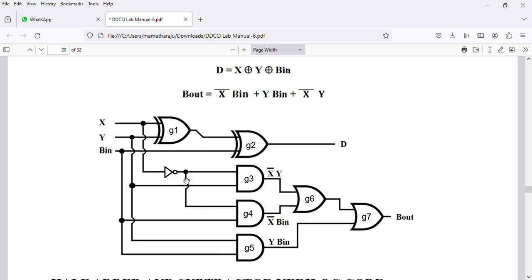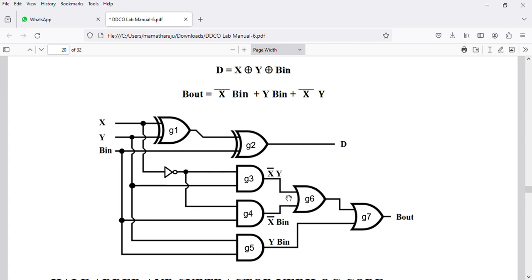Here we have taken one more NOT gate to compute x bar, and we calculate x bar by this. From here we take the inputs. We take x bar to gate 3's first input and y to the second input for gate 3, and we get the output x bar y.